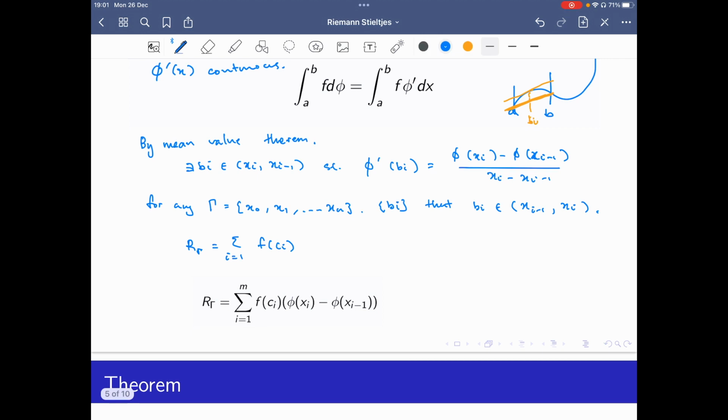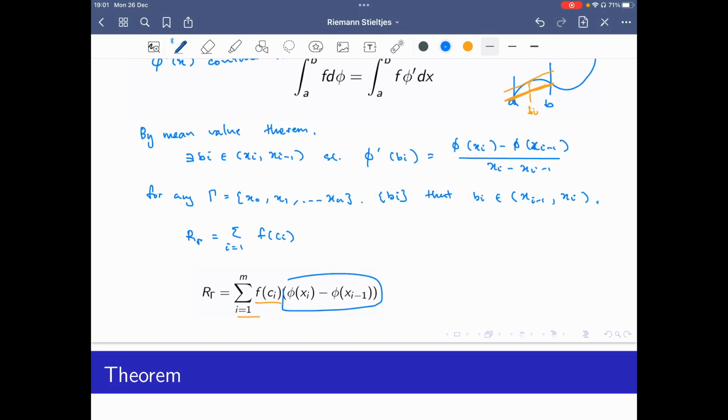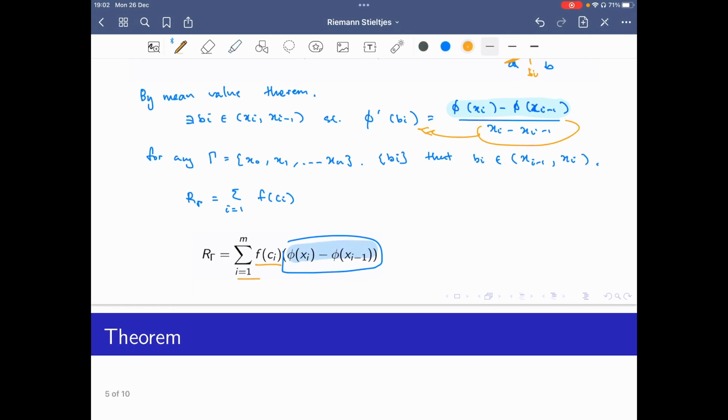Then we copy everything into here and here, and replace the remaining parts with the result of the mean value theorem. We just move this over here, then replace it. You can notice that this part and this part are exactly the same, so we can replace it directly. Then I have phi prime of bi, then another multiplication by xi minus xi minus 1.